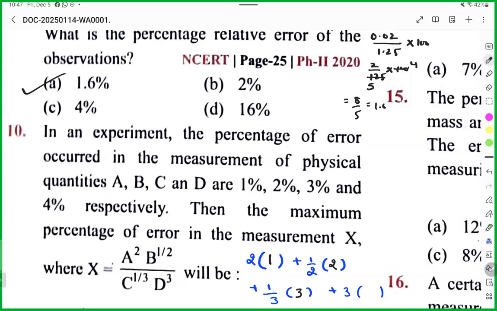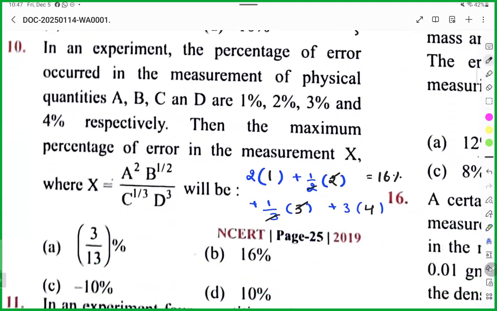What is the C value given? 3. What is the D value given? This cancels, this cancels. So 2 plus 1 plus 1, 4, and 12, 16. Tell me guys, is this question extremely easy? Yes. Understood? If you do it theory-wise, then it takes a long time. But if you take it directly, it looks extremely easy.